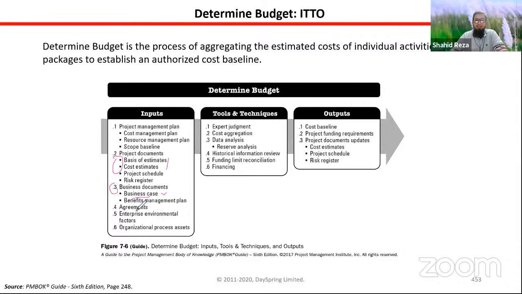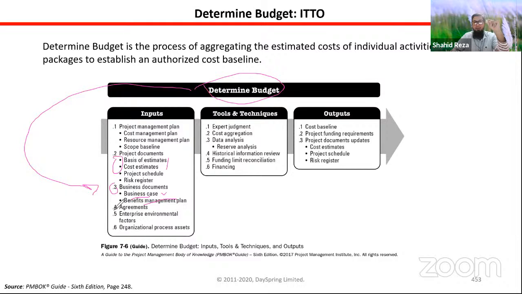Because in business case and benefits management plan, there is content about the project budget. How much money do you need to complete the project? So when you are finally determining the budget, you always try to see whether you are exceeding this business case amount or not. Is it okay with that or not? So that check and balance you need to do comparing these documents.